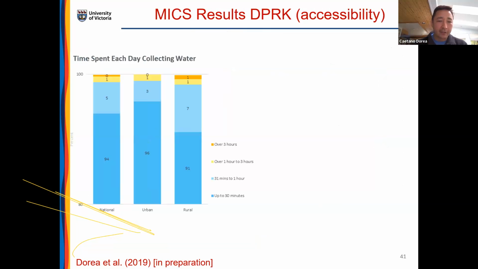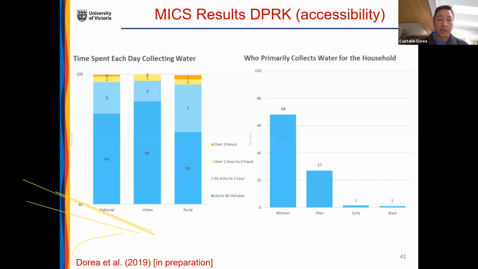We get other indicators. So for example, time spent collecting water. So we can look at if it's under 30 minutes, between 30 minutes and an hour, between 1 to 3 hours, or over 3 hours. And we can also look at other inequity issues, such as who collects the water.